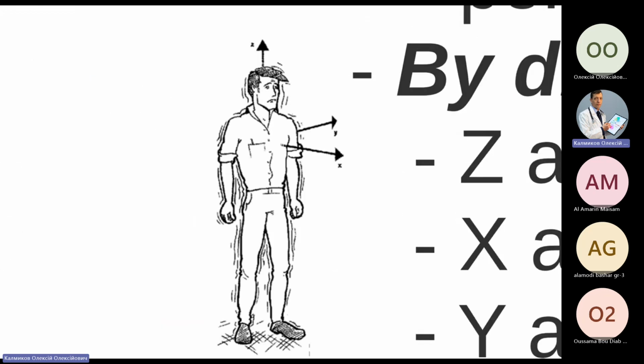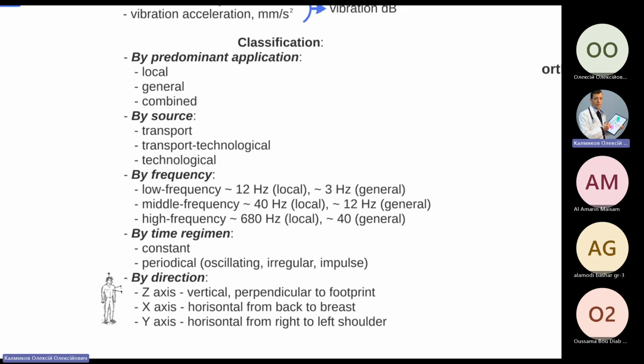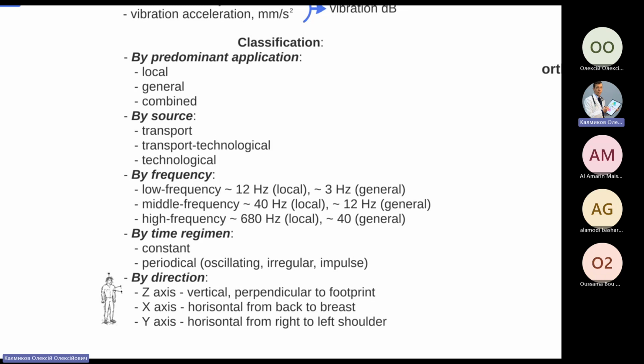For instance, among these classification approaches, from my point of view, from my experience, most useful for the clinician is by predominant application, local or general, right? Because they have significantly different clinical manifestations. And from the point of view of evaluation of the case, again clinical: by time regimen, constant and periodical, by frequency diapason.